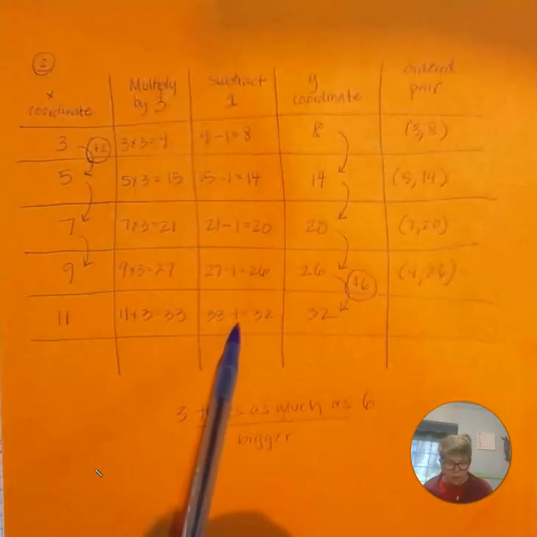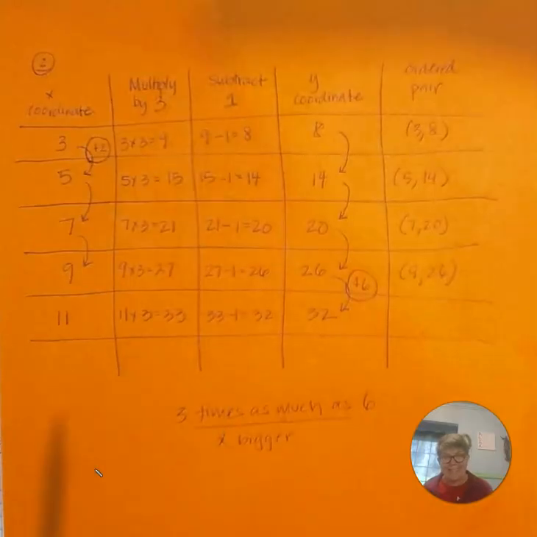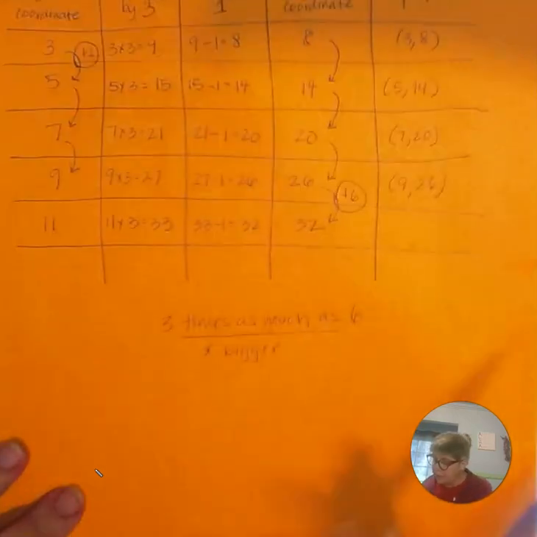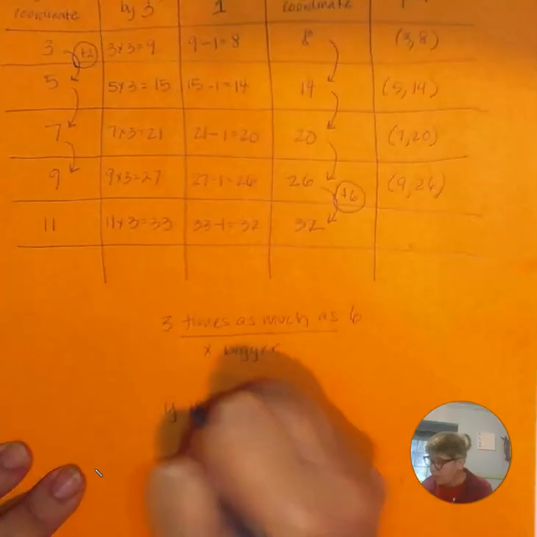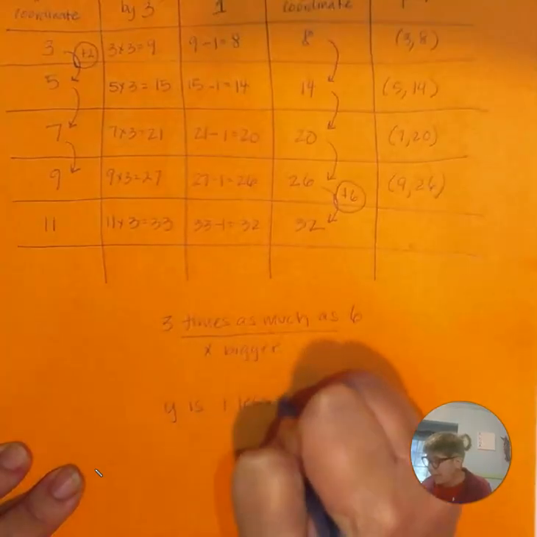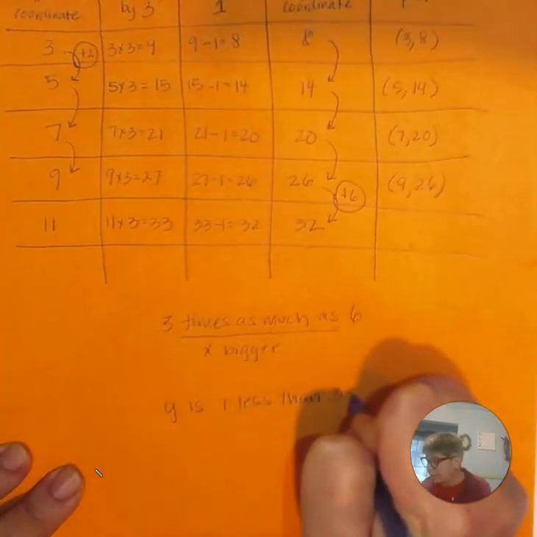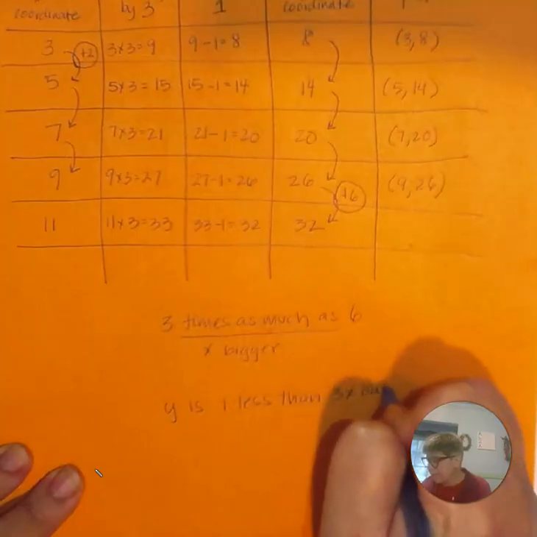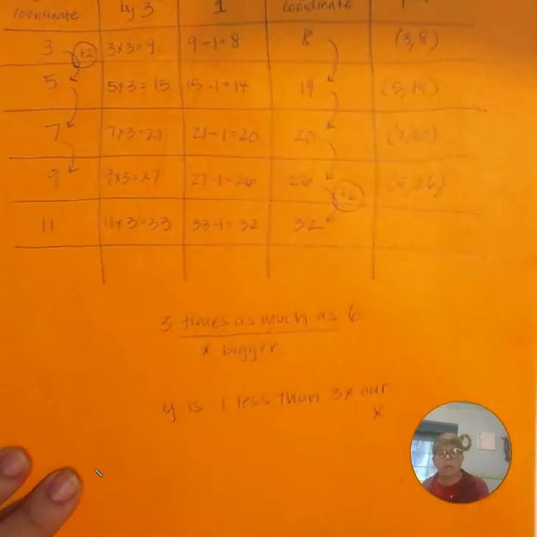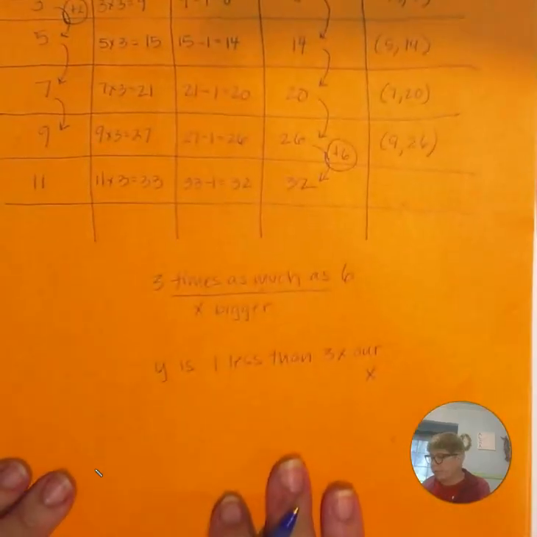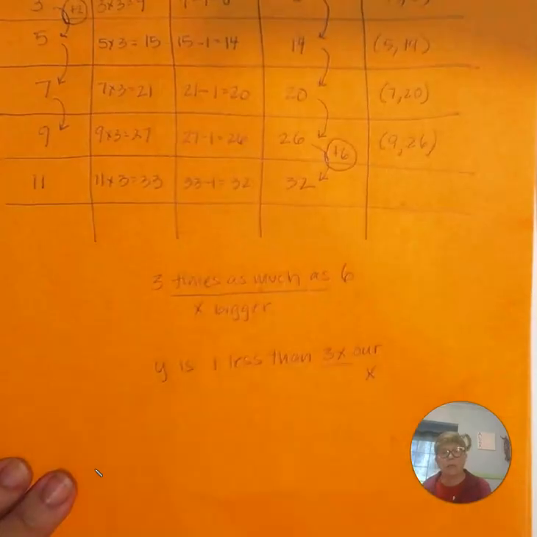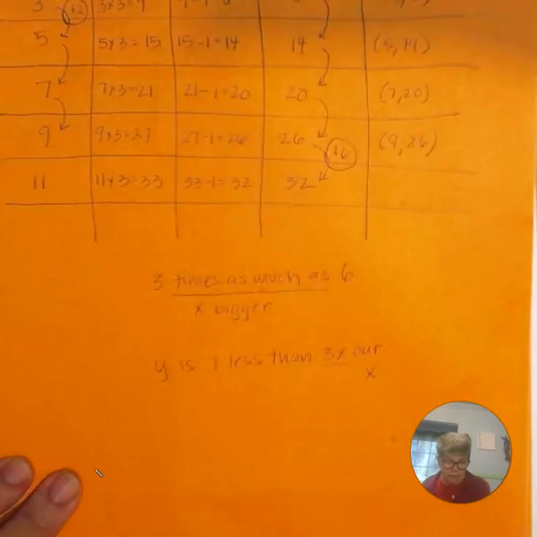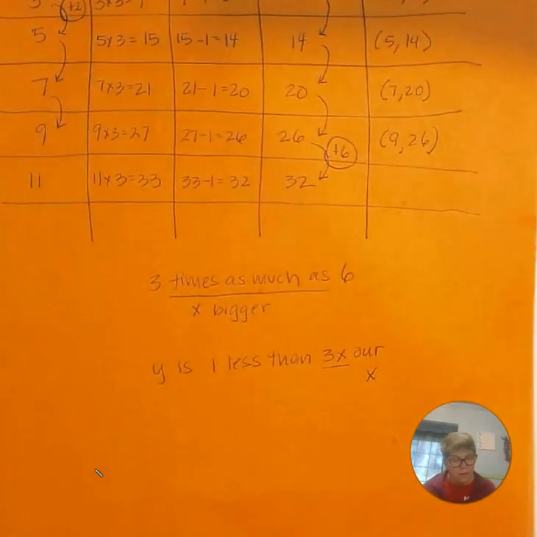So our y-coordinate is 1 less than 3 times. Okay, some more math language. Y is 1 less than 3 times our x-coordinate. Right? The way I wrote 3 times kind of looks like 3x, which could mean multiply x by 3. So just thought I'd rewrite it that way a little bit. Okay.